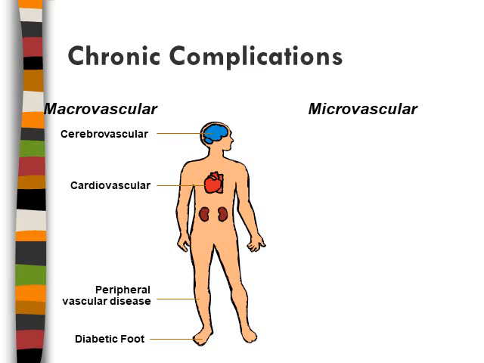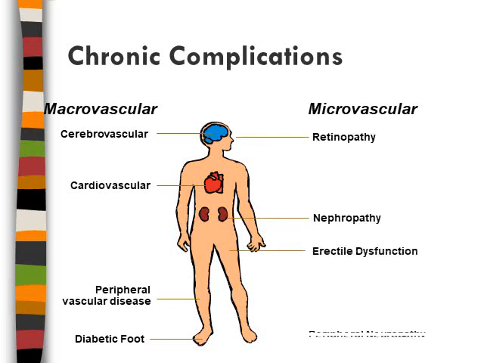This lecture particularly will cover the pathophysiology and pathogenesis of microvascular disease. Macrovascular disease is not in the scope of these lectures because it will be dealt with separately according to the system. Microvascular disease includes retinopathy, nephropathy, erectile dysfunction, and peripheral neuropathy. As I have mentioned, like diabetic foot, erectile dysfunction is also a combination of macro and microvascular disease.